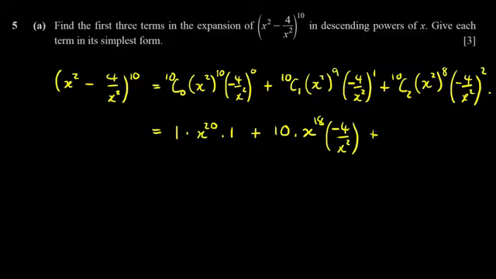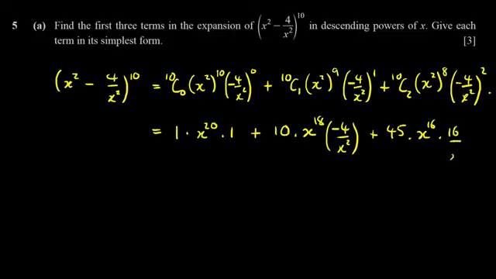Okay, then we need to do 10c2. To do that, we need to use the calculator. So let me just do that now. 10c2 gives me 45. So I've got 45. X squared to the power of 8 is x to the power of 16. And negative 4 upon x squared, squared. Well, negative 4 squared is 16.